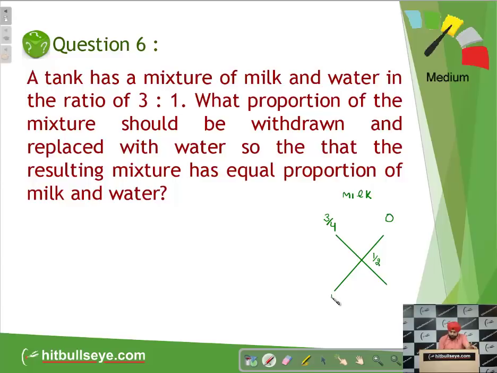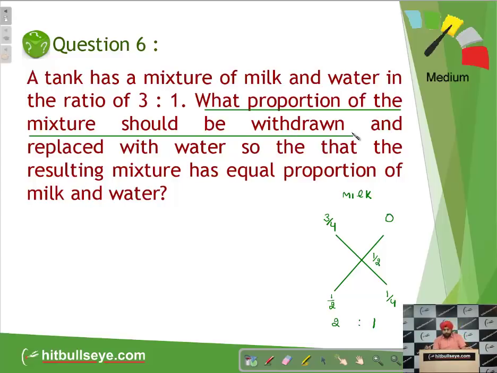You take the difference, the ratio comes out to be 2:1. But mind it students, it's a slightly different question. The question does not ask about the mixture. The question asks about what proportion of the mixture should be withdrawn.